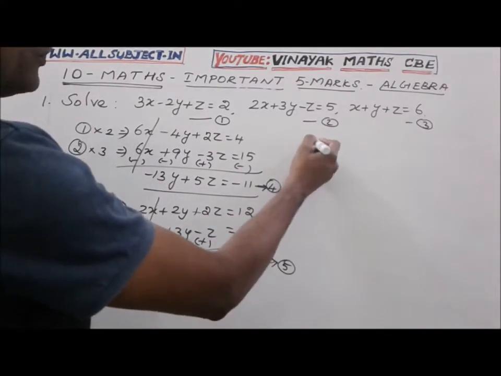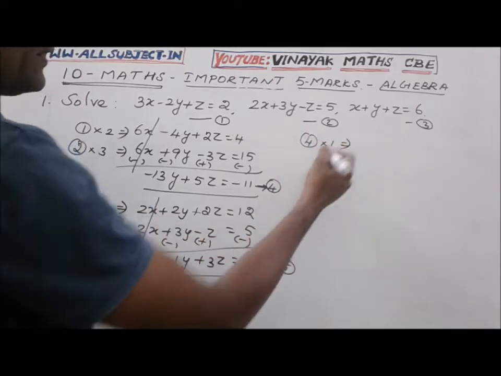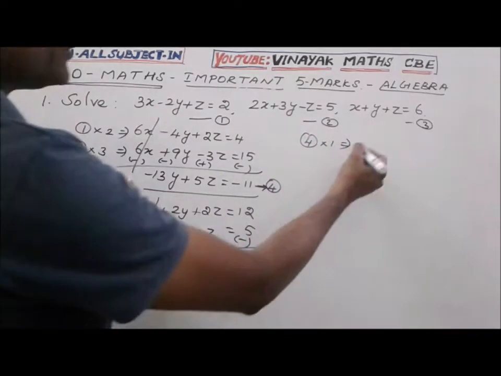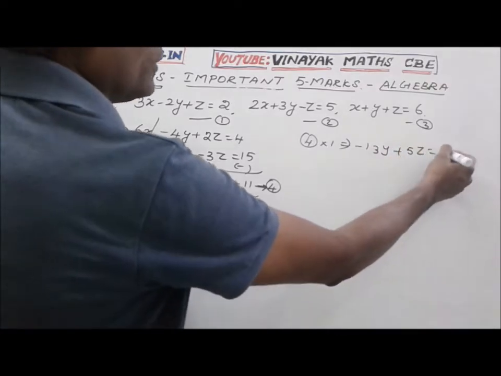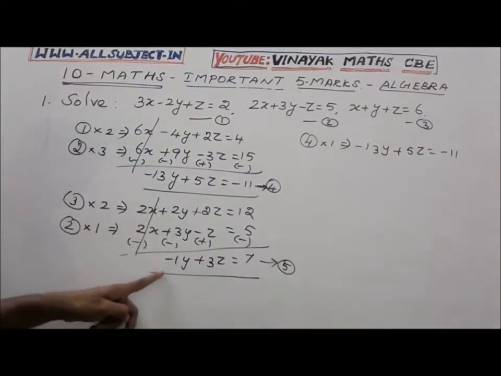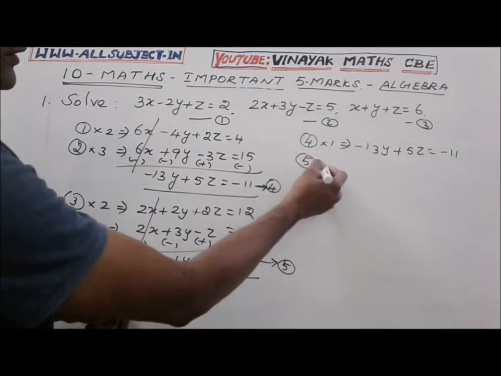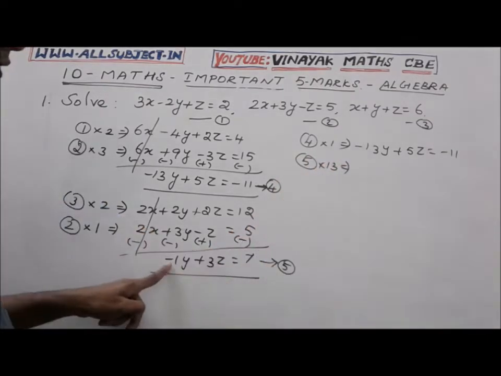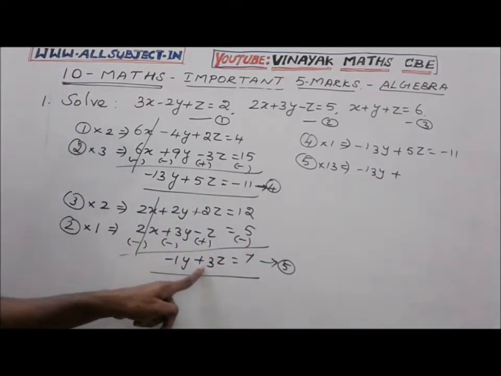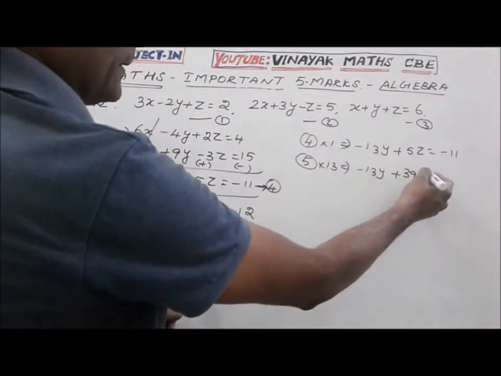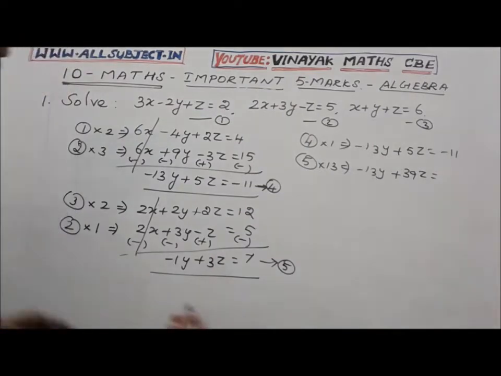Now take 4 into 1. Multiply the fourth equation by 1, there is no change: minus 13y plus 5z equal to minus 11. Then multiply the fifth equation by 13, which gives minus 13y plus 13 into 3, 39z, equal to 7 into 13, that is 91.